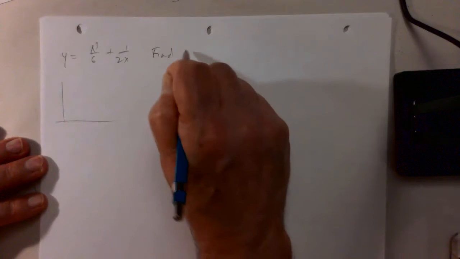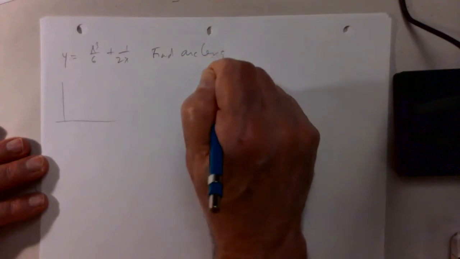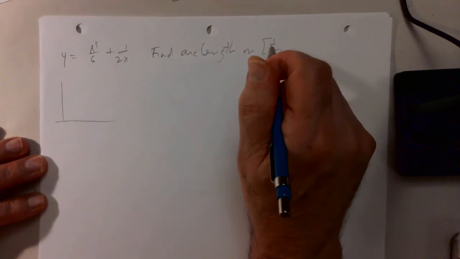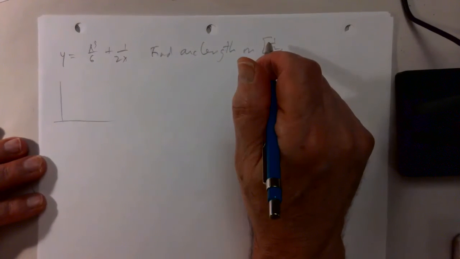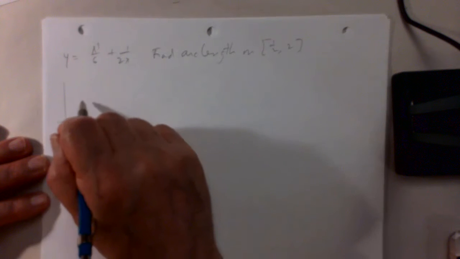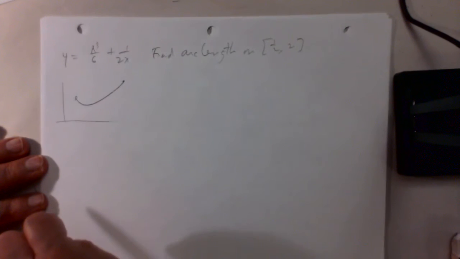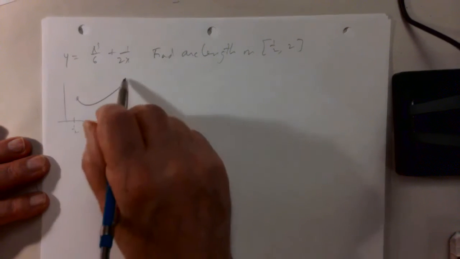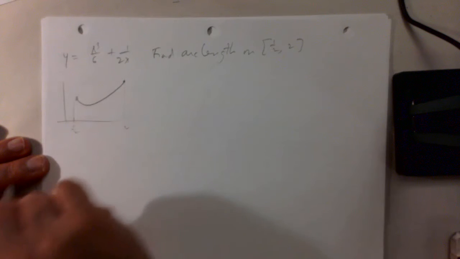So find the arc length on the interval from 1/2 to 2. So it's a curve that looks something like this. This is 1/2. This is 2.